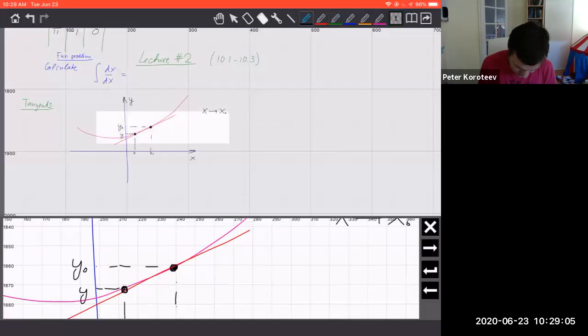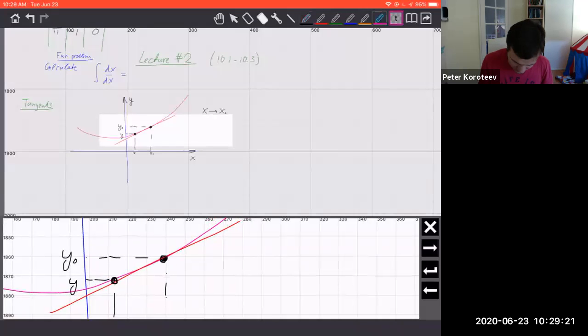So what we're doing here is, as x approaches x0, we can see that the red line, this straight line, gets closer and closer to the purple graph here, and if you zoom in really close, they become almost indistinguishable, right?